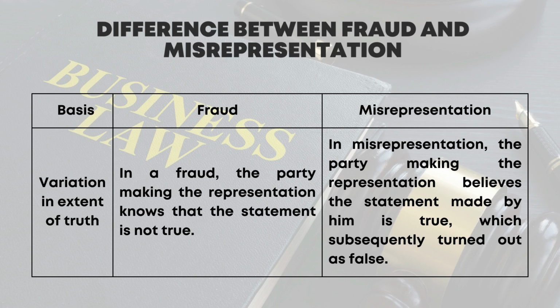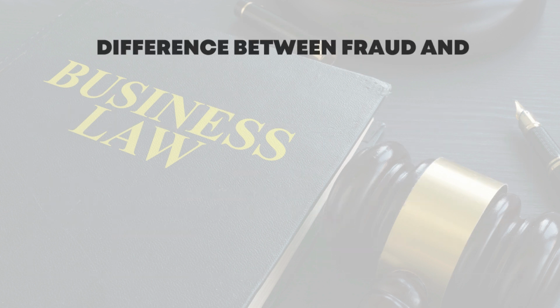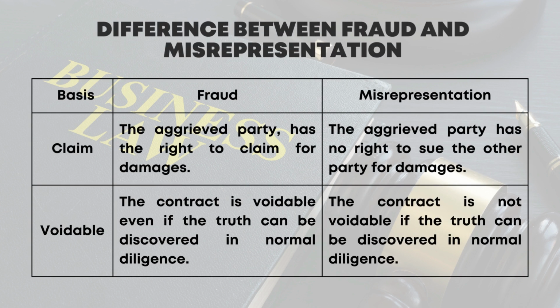Variation in extent of truth. In fraud, the party making the representation knows that the statement is not true. Whereas in misrepresentation, the party himself believes that the information is true, which turns out to be false later on. Claim: the aggrieved party has a right to claim damages in fraudulent cases, whereas under misrepresentation, he has no right to sue the party for damages.